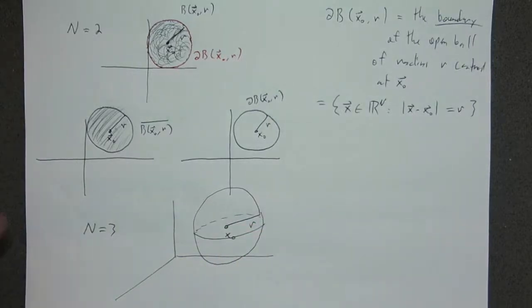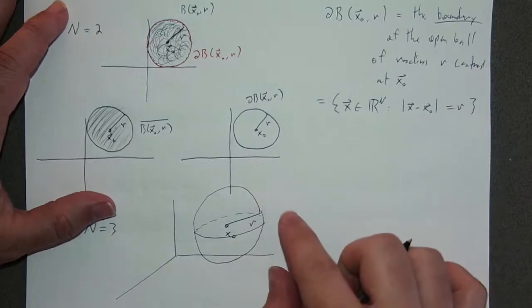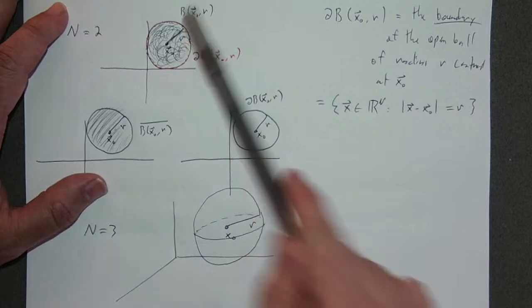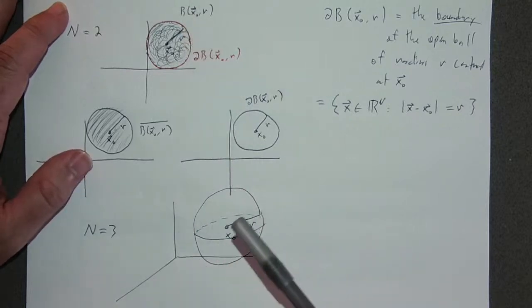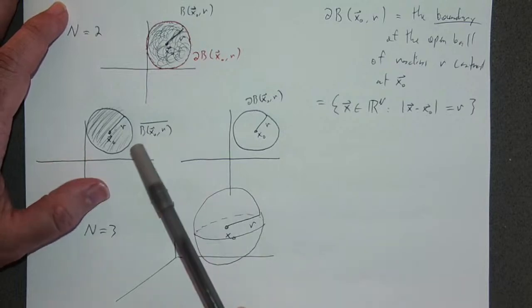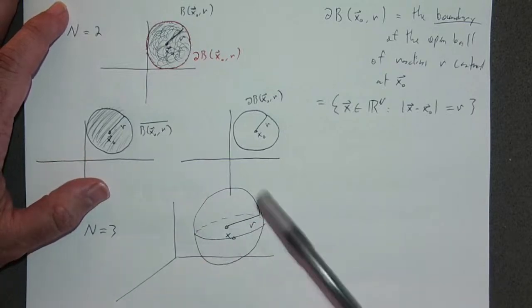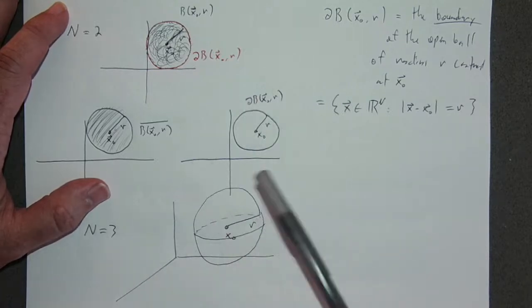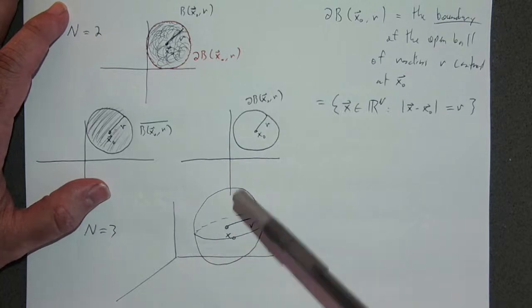If it was an open ball, it wouldn't include the boundary, which is now a sphere. It would include all of the points inside of it, but not the boundary. If it was the closed ball, it would include all of the points, including the boundary sphere. And if it was just the boundary, it would be only the boundary sphere, no points inside of it.